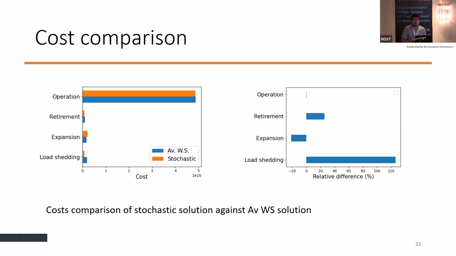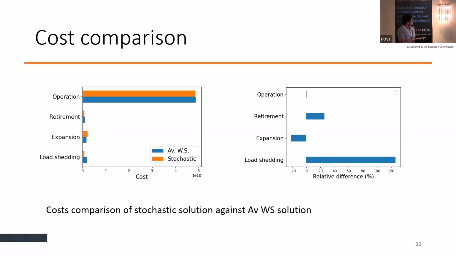Concretely, what we observe with this stochastic solution is that it tends to protect itself more. It tends to invest more, so it has a higher expansion, and at the same time, it has fewer retirements as compared to the average wait-and-see solution. As a consequence, this implies that in terms of load shedding, they are also quite different.